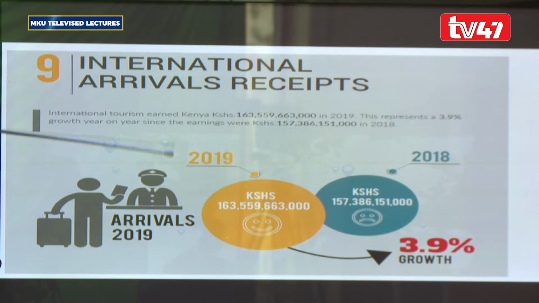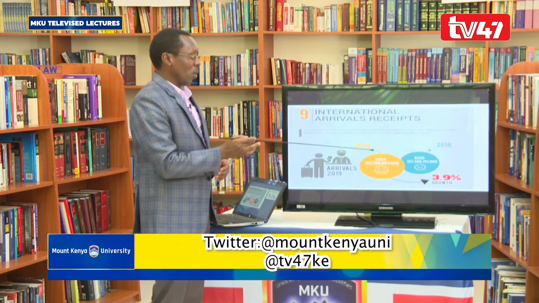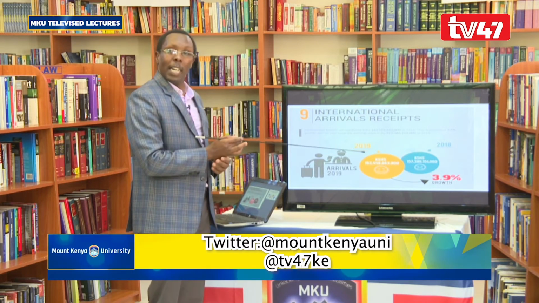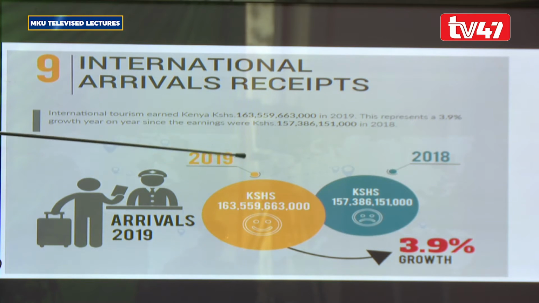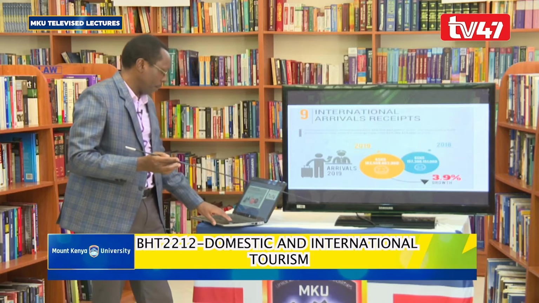So it means the international market is still growing in Kenya. And a number of reasons have been given for that. Just for our noting, since our tourism industry started way back at independence, this is the highest ever earning that we have realized from the sector.